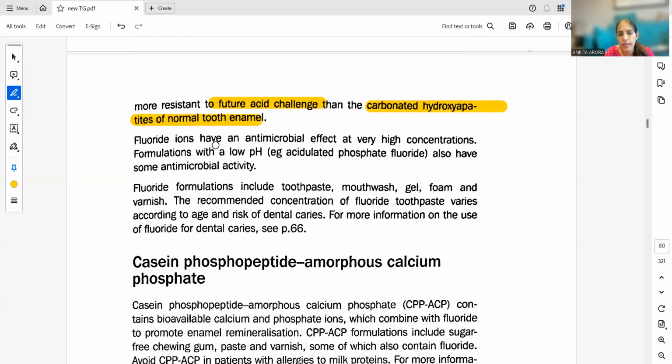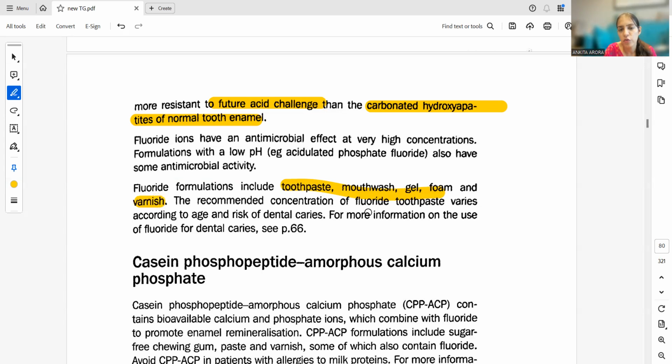Fluorides have an antimicrobial effect at very high concentrations. Formulations with a low pH, for example acidulated phosphate fluoride, also have some antimicrobial activity. Fluoride formulations include toothpaste, mouthwash, gel, foam, and varnish.